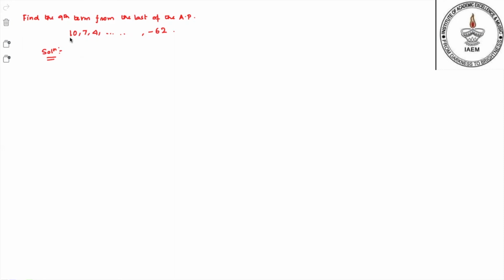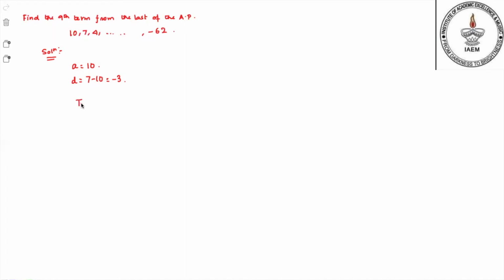First method: if we look at this series, the first term is 10, so A is 10. Common difference is 7 minus 10, which is minus 3. And the last term is given as minus 62.